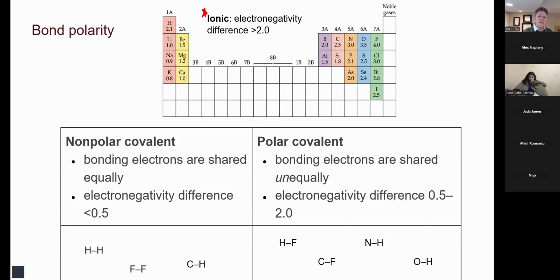So if we think about the left-hand side of the periodic table having metals and the right-hand side having nonmetals, let's talk about sodium fluoride, NaF.